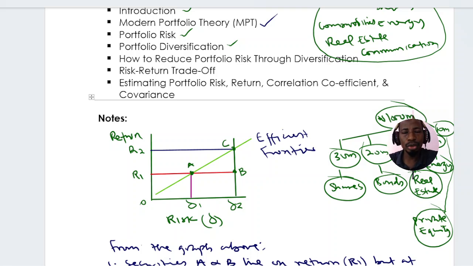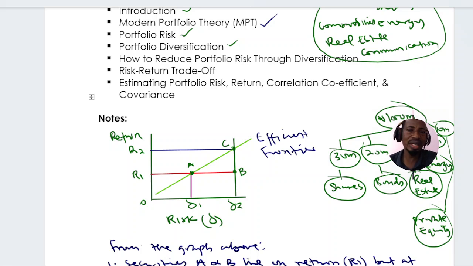What we are saying is that to minimize the portfolio risk, you need to invest in securities that are negatively correlated. Like when you invest in bonds, bonds and shares are not the same. If you invest in the financial services industry, you also go to another sector like communication, technology, oil and gas. They are not the same industry. All right. So that is how to reduce portfolio risk through diversification.